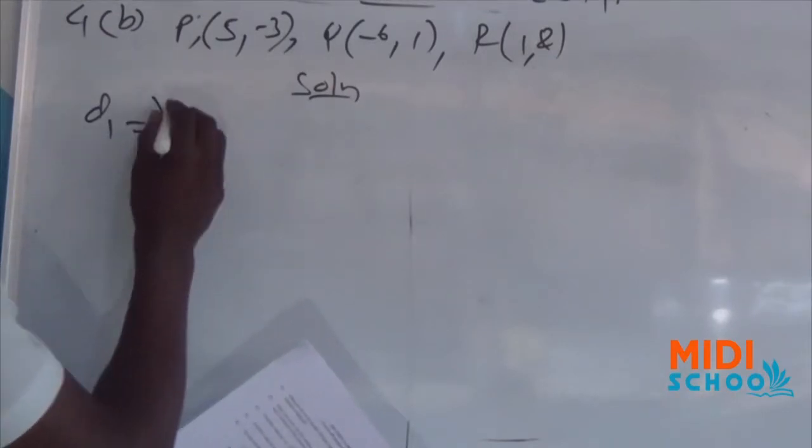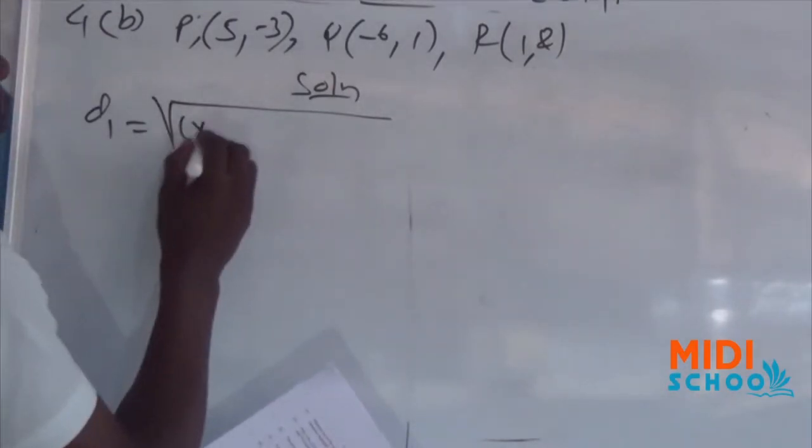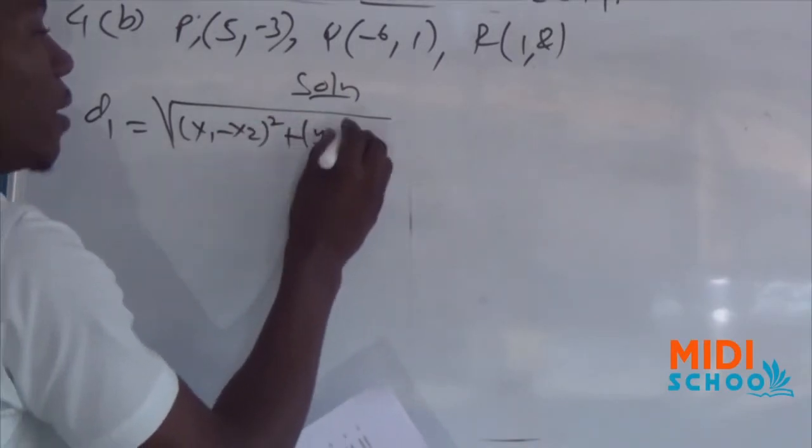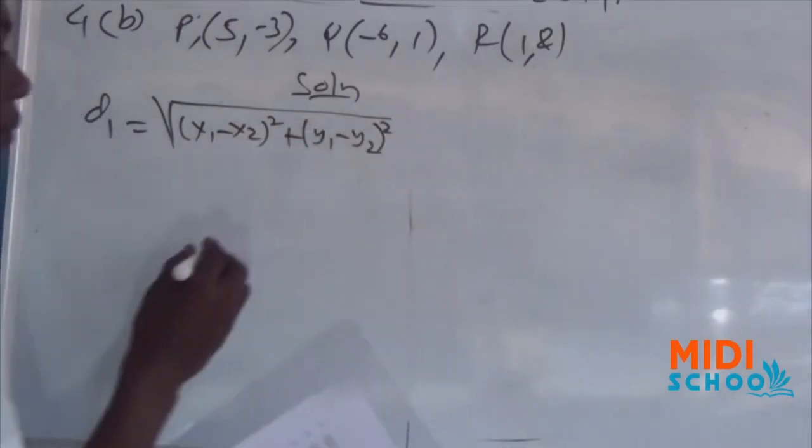The formula for finding distance is the square root of (x1 minus x2) squared plus (y1 minus y2) squared.